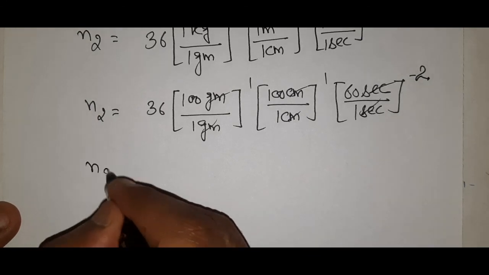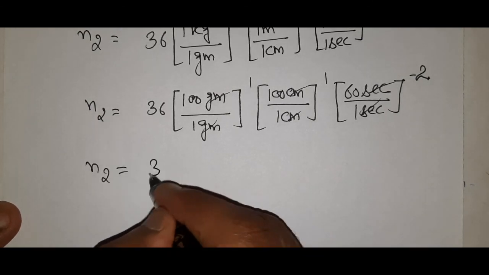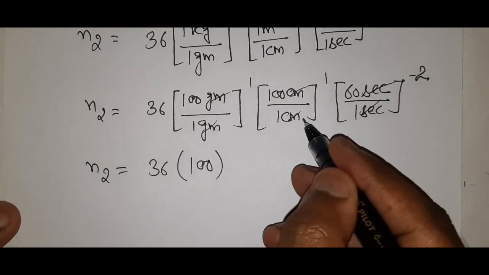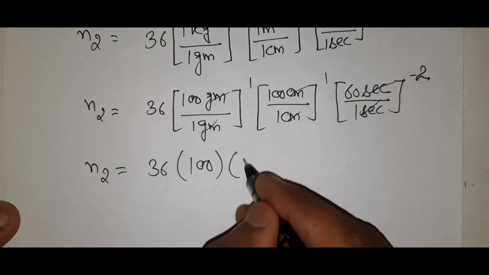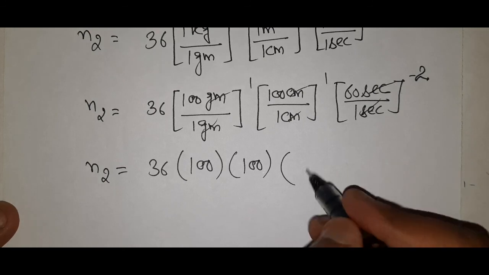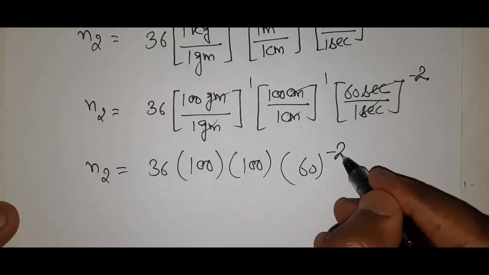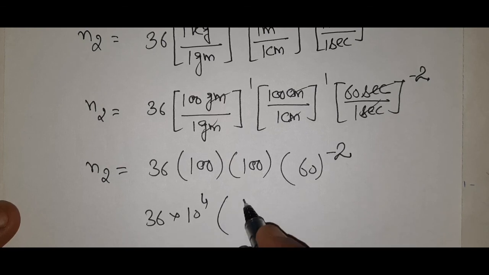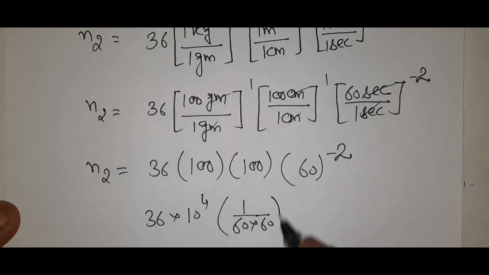So N2 is equal to 36 into the 100, this is again 100 raised to 1, and this is 60 raised to -2. Now 36 into 100 becomes 10 to the power 4, and this 60 we invert: 1/60 squared. So 60 into 60 becomes 3600.